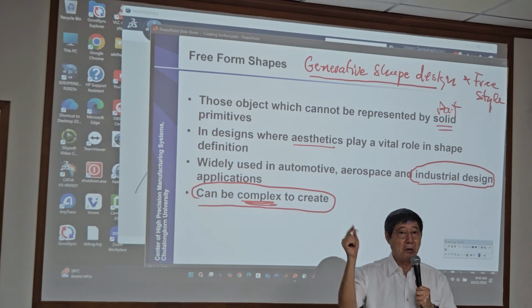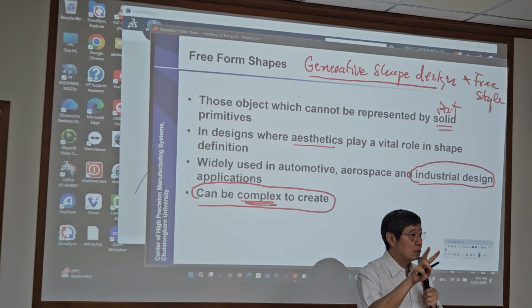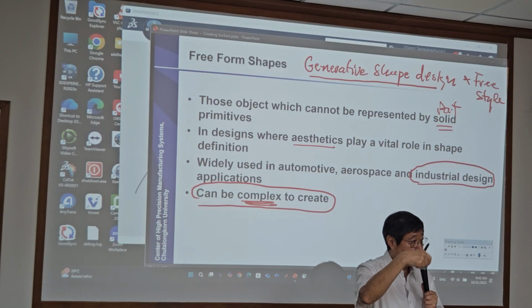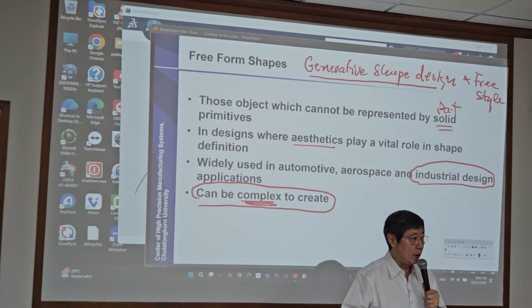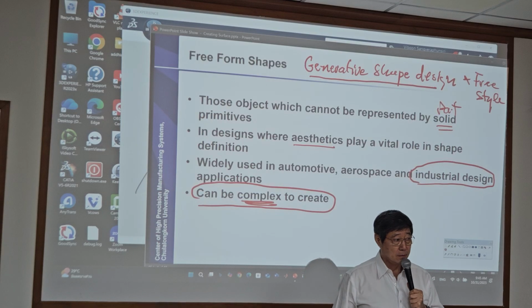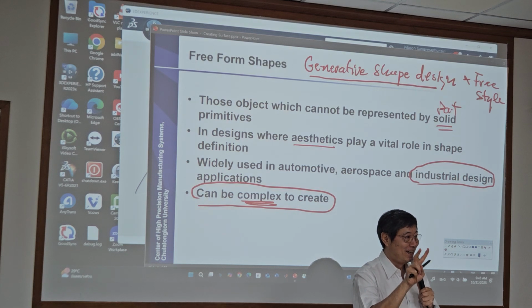But surface modeling, no. At least 1 month. 2 weeks to study the concept, another 2 weeks or 4 weeks to gain your experience, gain your skill. Right? So most of you are trying to learn in just 1 week.